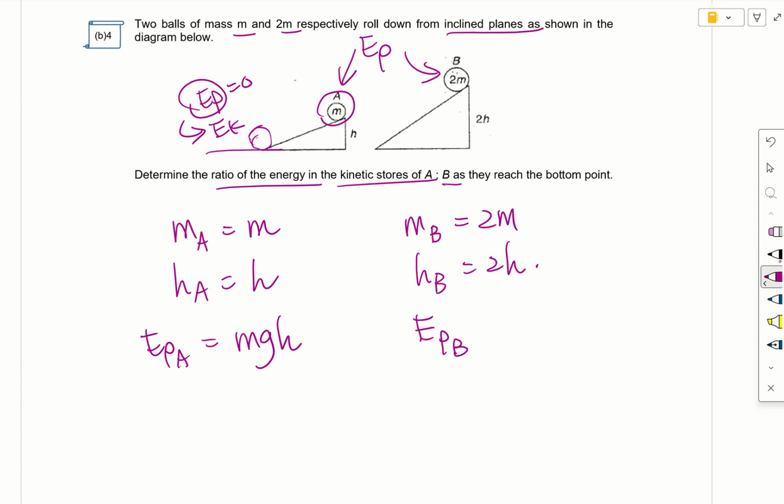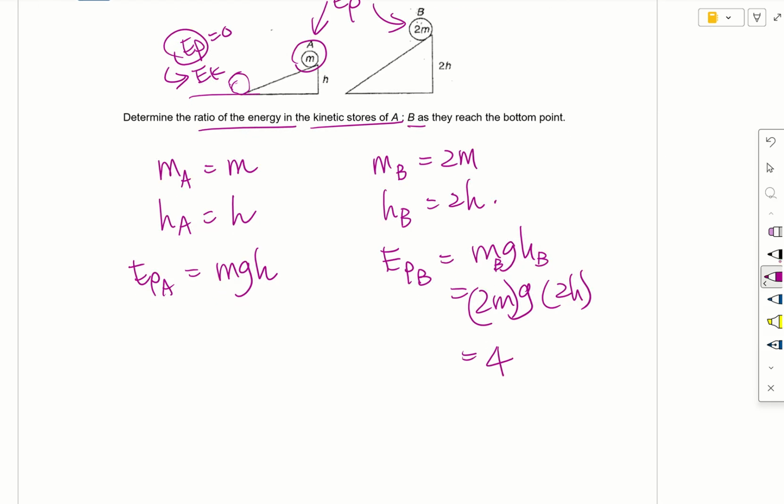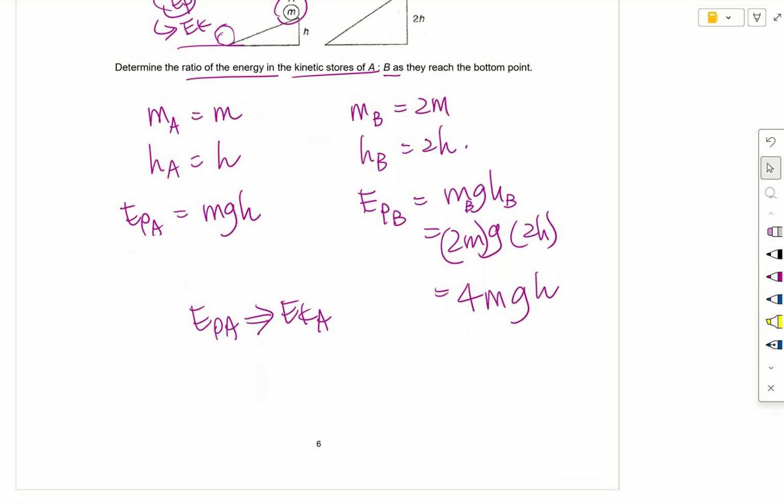EP of B equals mgh, but now the m is 2m, the g is still g, h is now 2h, so it will become 4mgh. So EPA will become EKA. Similarly, EPB will become EKB.